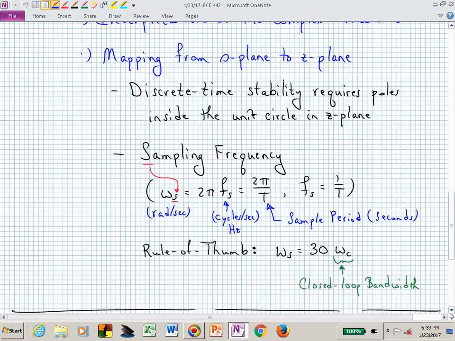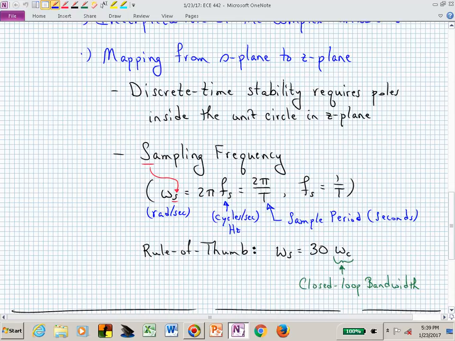So 2 pi f, or you can relate that to the sample period, which is 2 pi over capital T, where the sample period now is in seconds. F sub s, the sampling frequency in cycles per second or hertz. You need to be able to go back and forth between those, where the sampling frequency in hertz is 1 over the sample period.